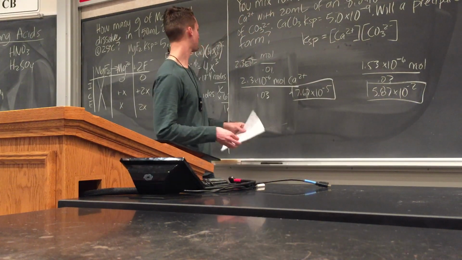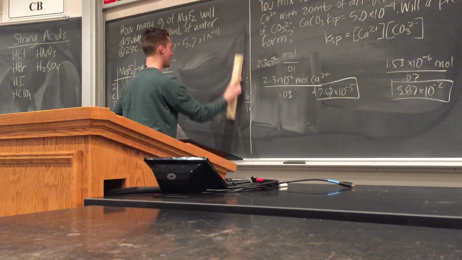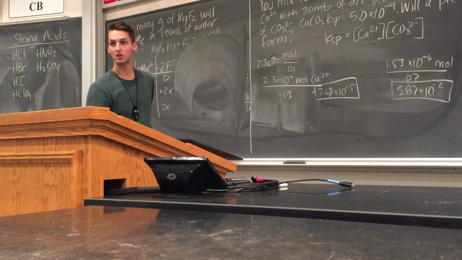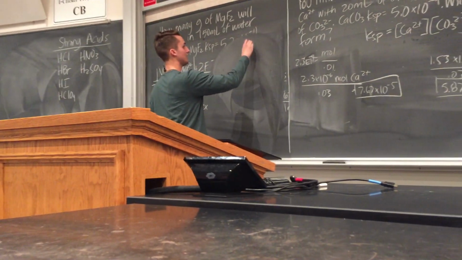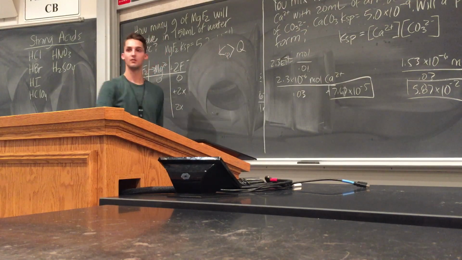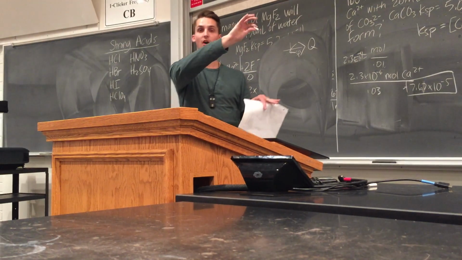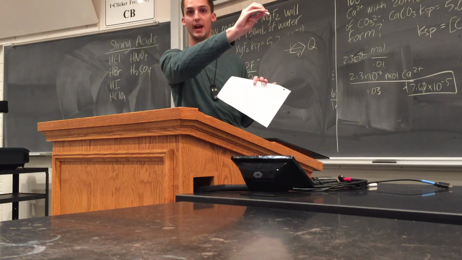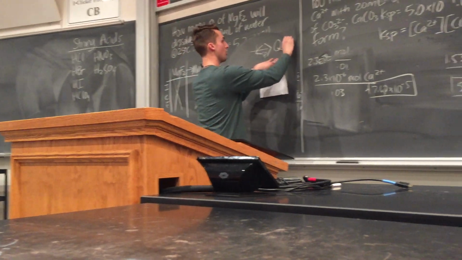Now, how you solve this problem is you go back and remember your K's and Q's. Okay? So if K is greater than Q, here meaning the KSP, then my reaction is going to go to the right, away from the solid in the reaction, towards the ions. So this would be no precipitate.